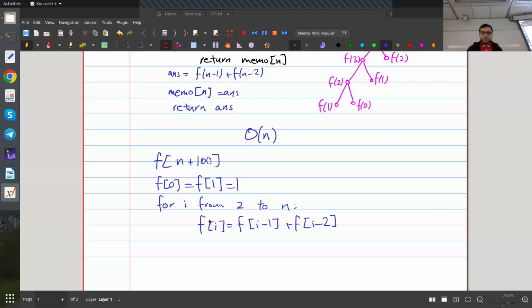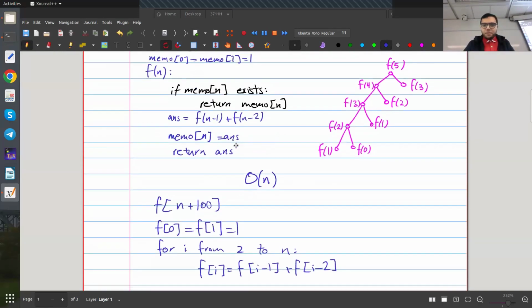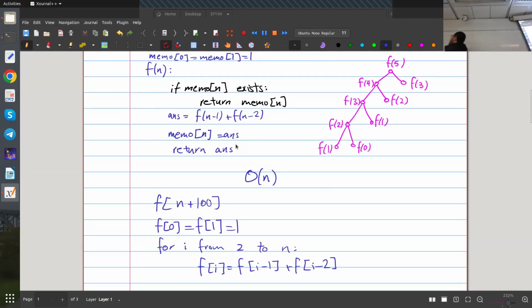Now, a different way of looking at this is that I have a problem and I'm solving this problem by dividing it into some subproblems. Now, I always have a way, it's very much like divide and conquer, to merge the solutions for these subproblems to get the solution for the main problem, right? But then these subproblems also have some dependencies between themselves.